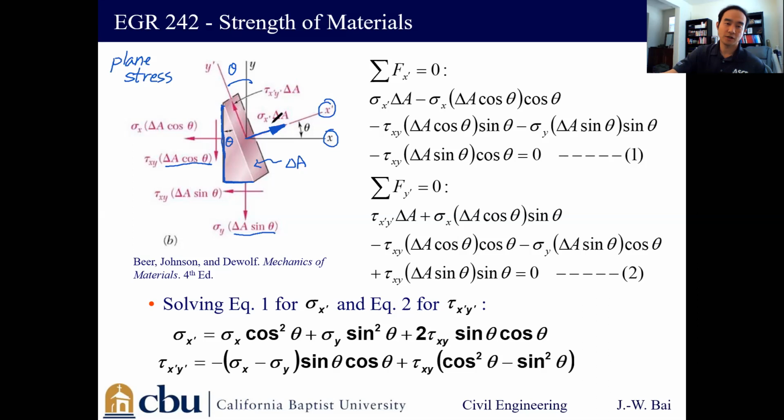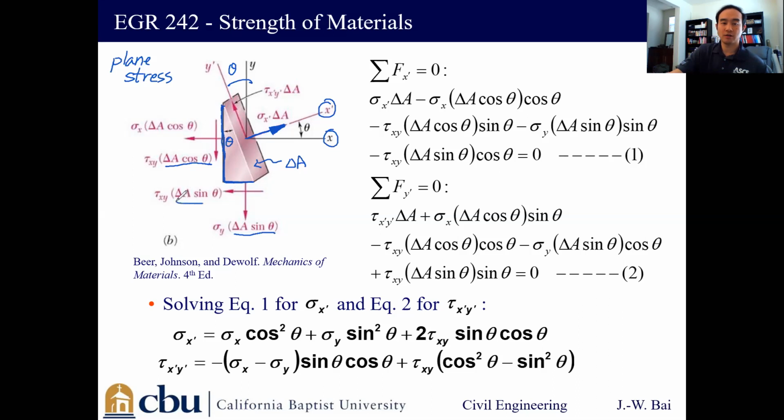So the force is going to be sigma x prime, the normal component perpendicular to this surface, times the corresponding area delta A. And now this is going to be the shear stress on that plane, which is tau x prime y prime times the corresponding area, which is delta A. So this is going to be the shear force. Same thing for the other two surfaces. We can put the force quantity in terms of the stresses and the area.